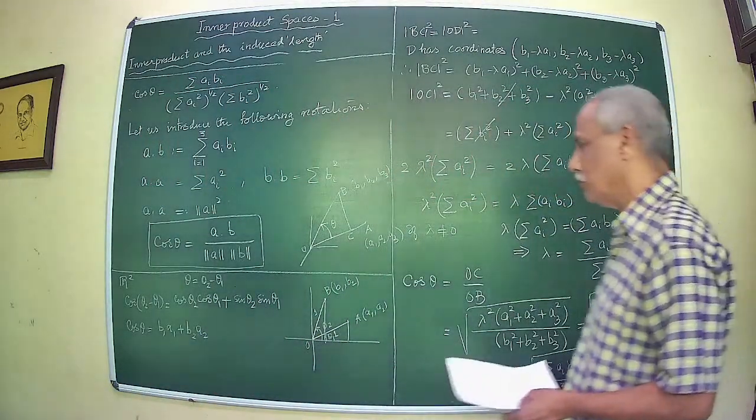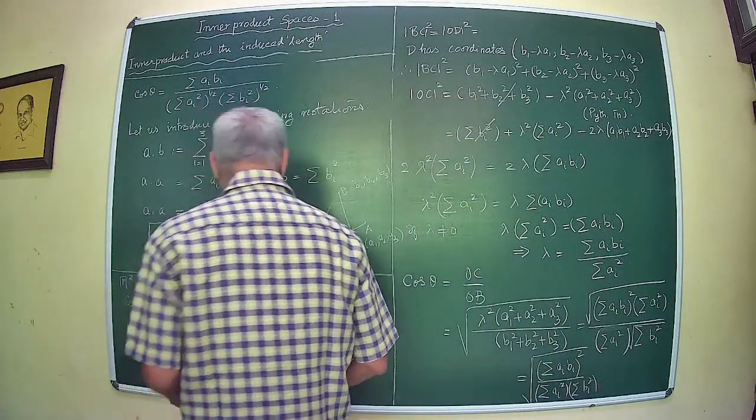Okay, we are assuming that length of OB is 1.